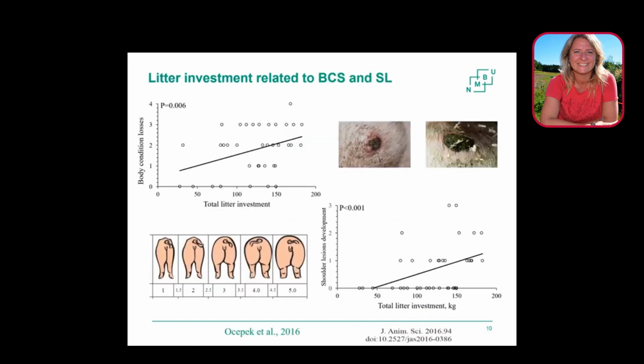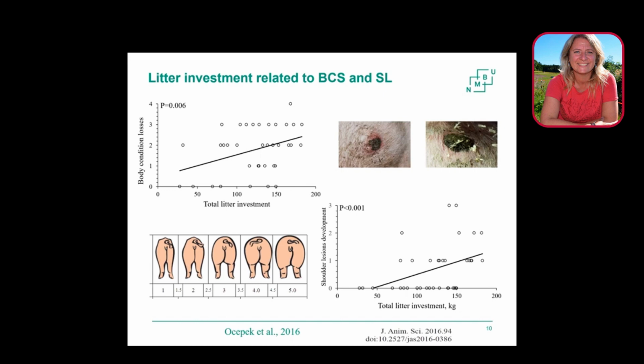If we look at the 3 breeds that I presented to you, we see that on average, the more the sow invests in the litter, the more they lose in body condition during the lactation period.